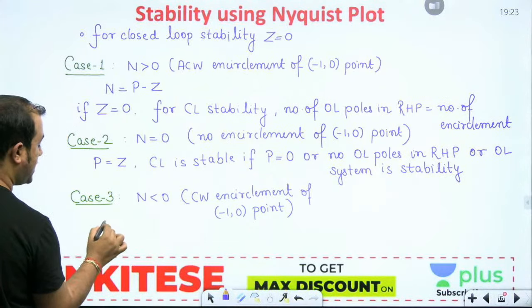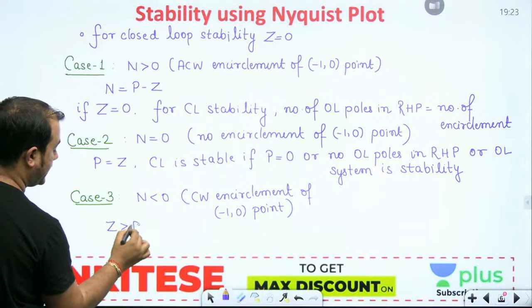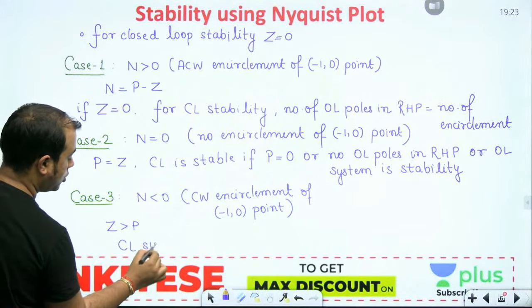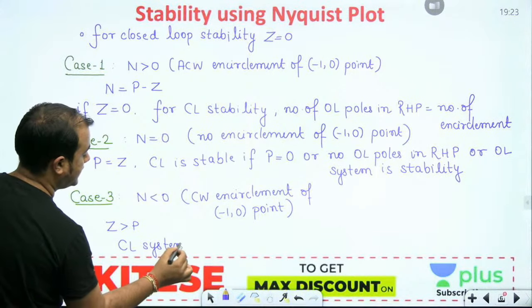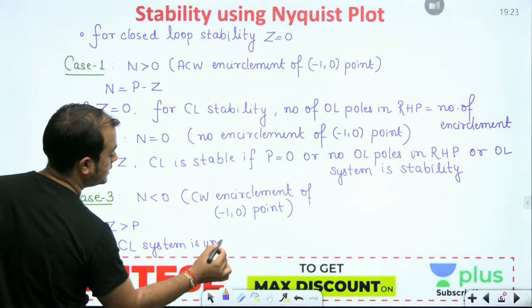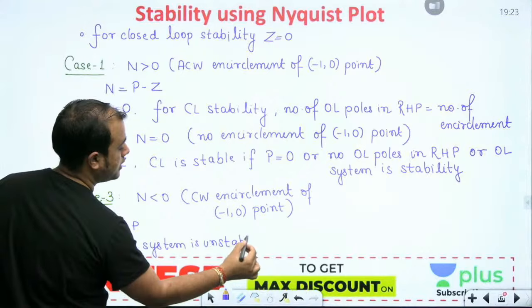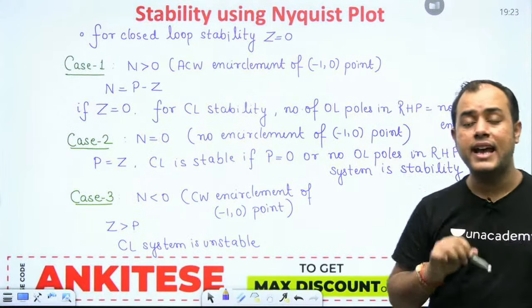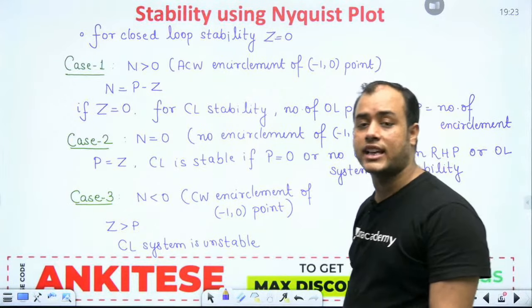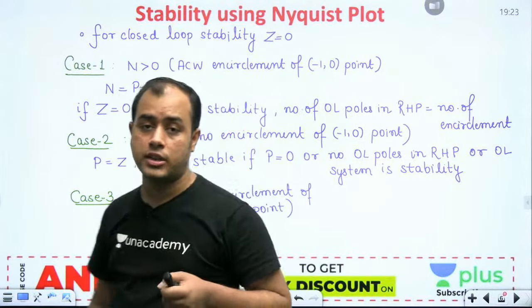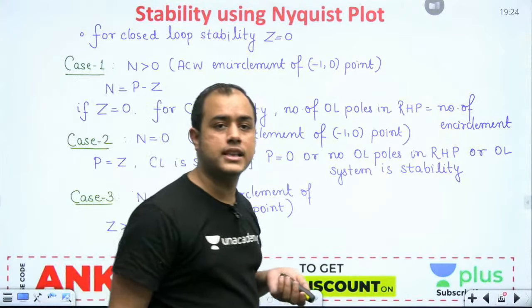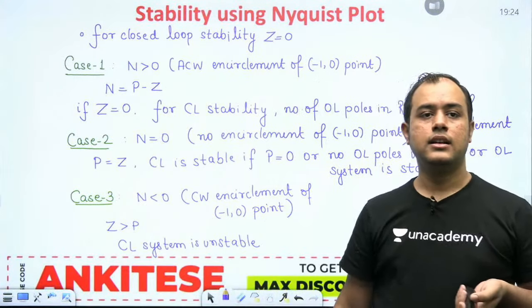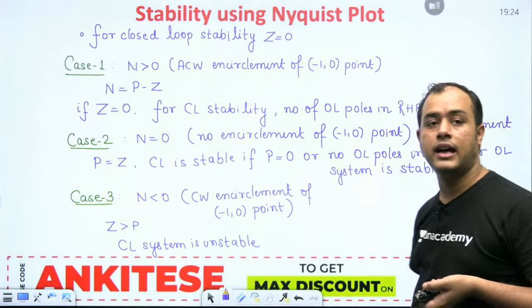So in this case, Z will be greater than P and your closed loop system is guaranteed to be unstable. In case the -1, 0 point is encircled in the clockwise direction, it is for sure that your closed loop system will be unstable.